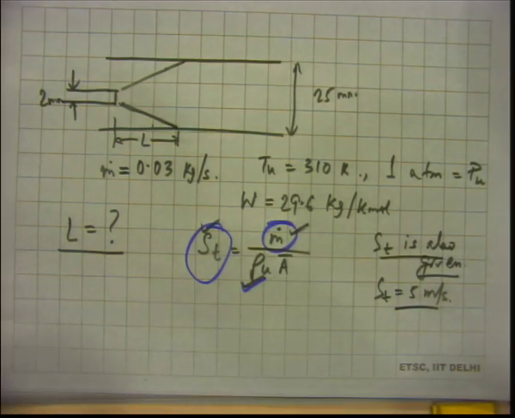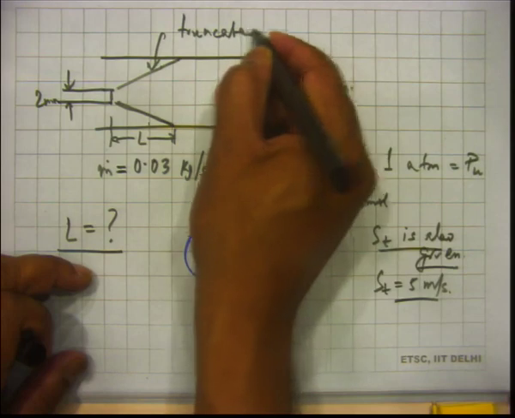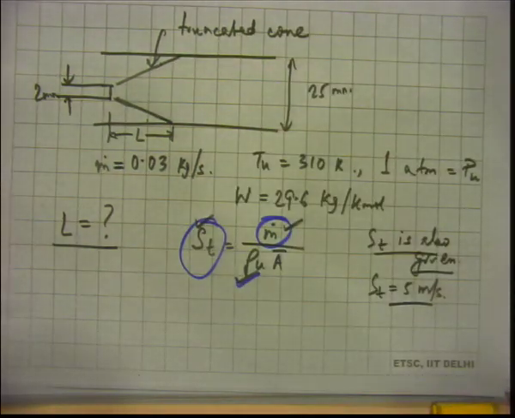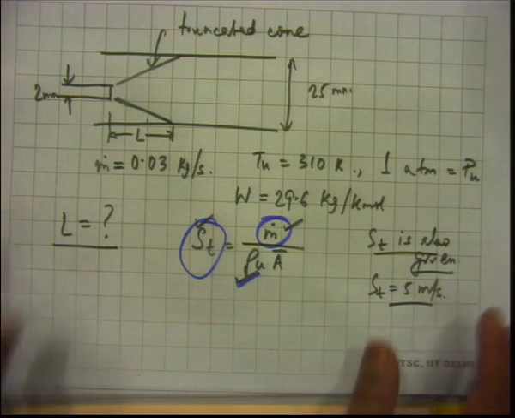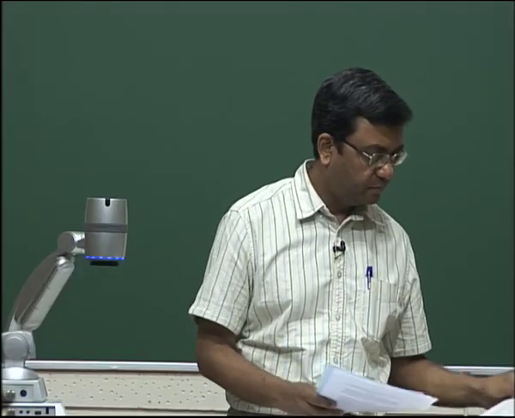So, you can get A bar, and once you get A bar, remember this is a truncated cone, isn't it? So, you have to think about how to get L from the truncated cone geometry. So, then your job is done, right. So, this is the situation.